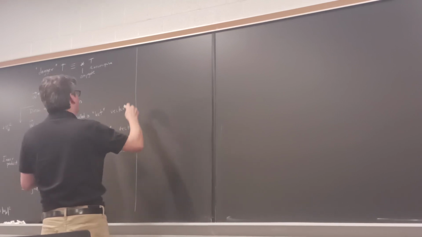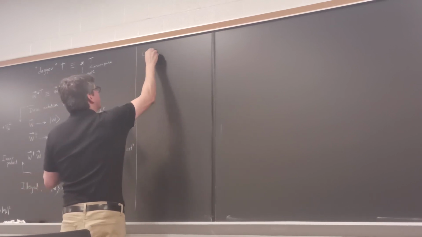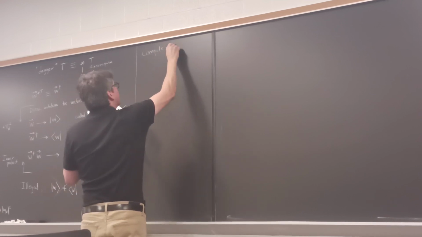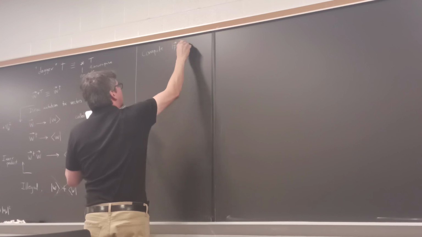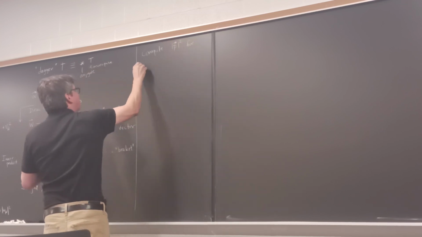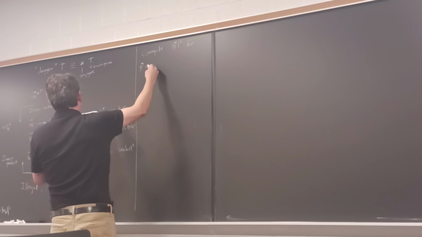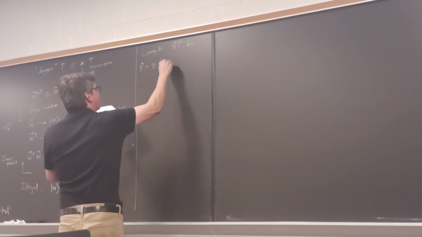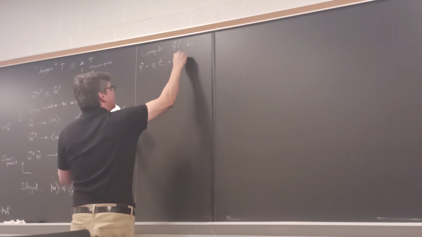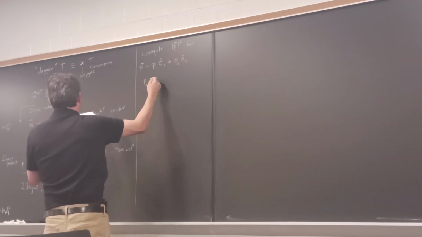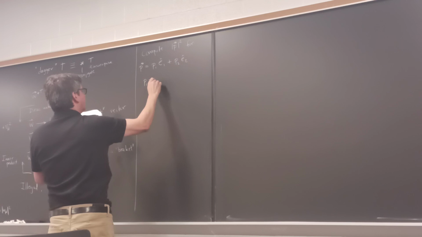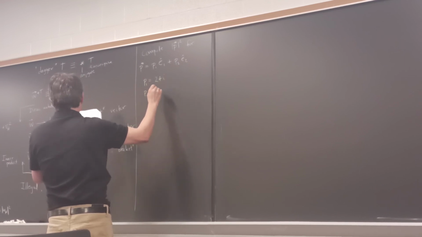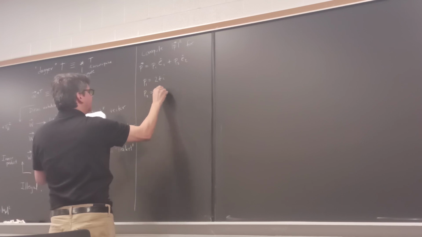Compute the magnitude squared of P for P equals P1 e1 hat plus P2 e2 hat, with P1 equals 2 plus i and P2 equals 3 minus 2i.